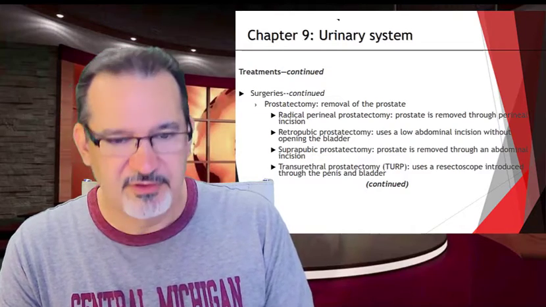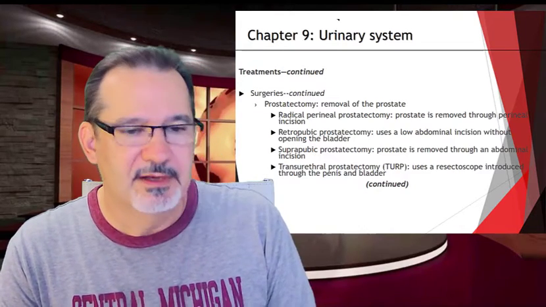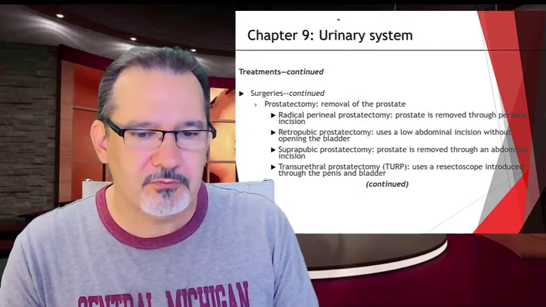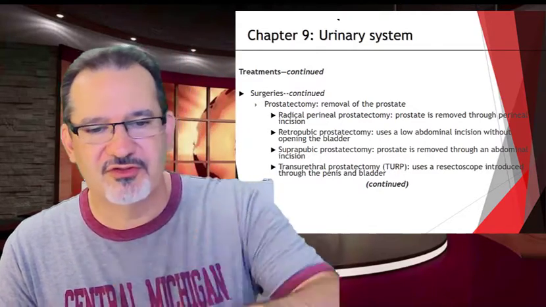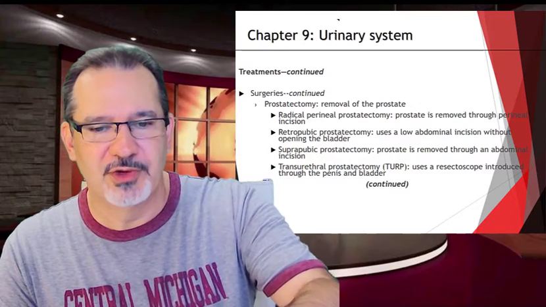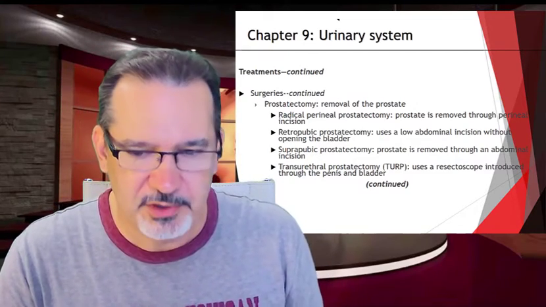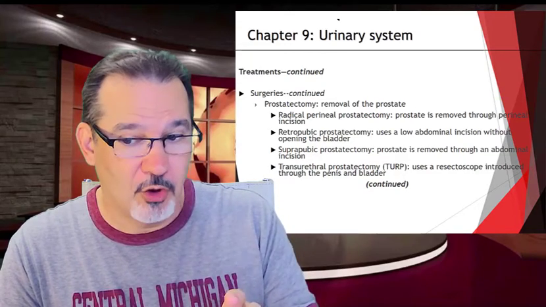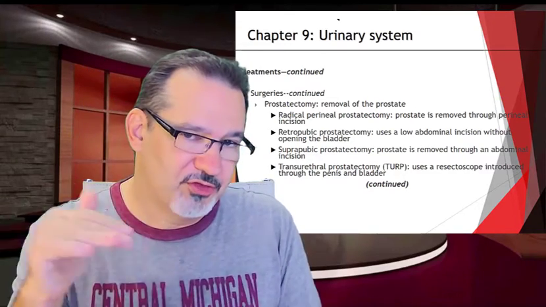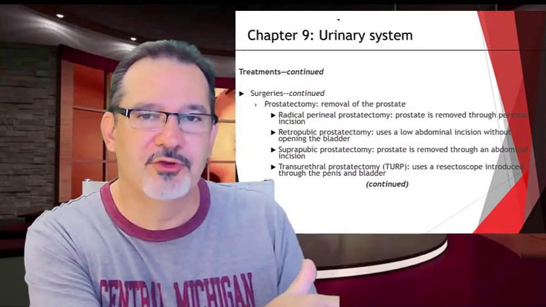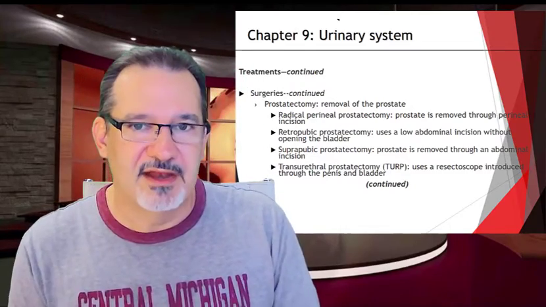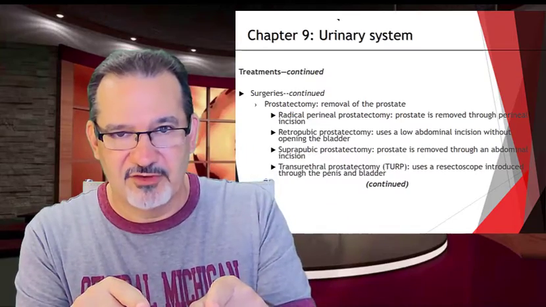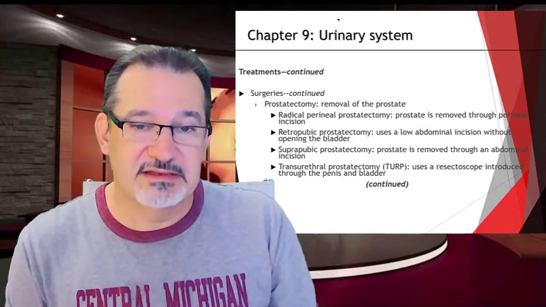Prostatectomy is the removal of the prostate. Again, it could be partial, it could be a complete removal. We do certain things like this transurethral prostatectomy, a TURP. Okay, it says it uses a resectoscope that goes through the penis, so through the urethra, and then can either be used to visualize the prostate or to remove prostate tissue.